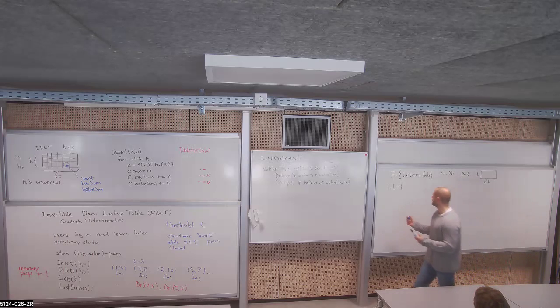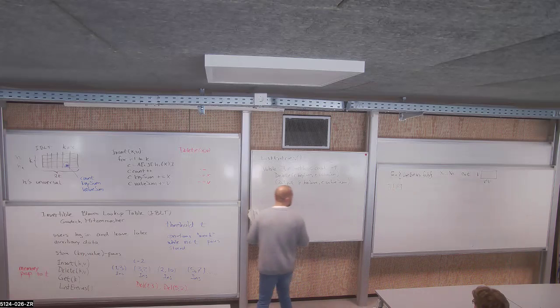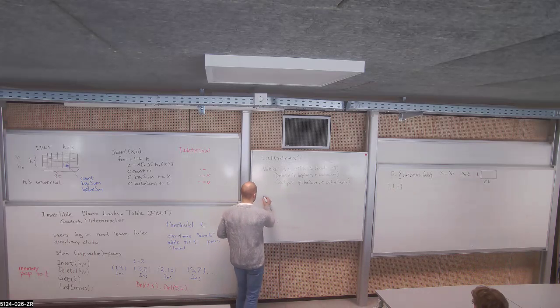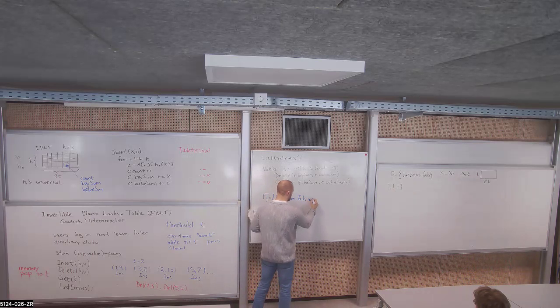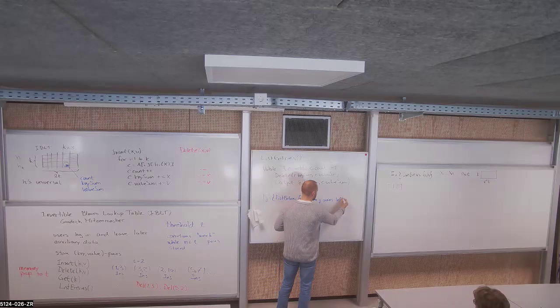Let me write it here. Let's define another event, Fj, which is that ListEntries fails with j key-value pairs left.